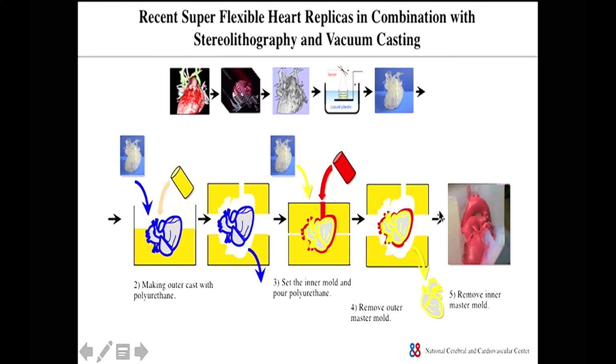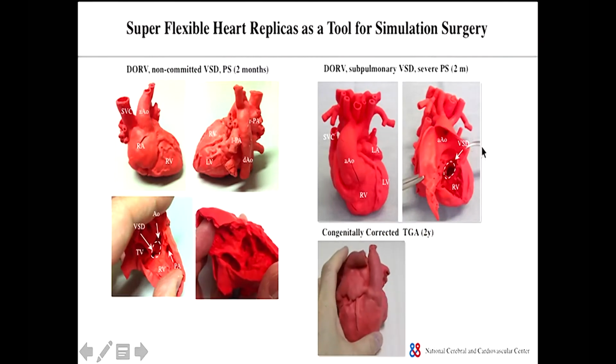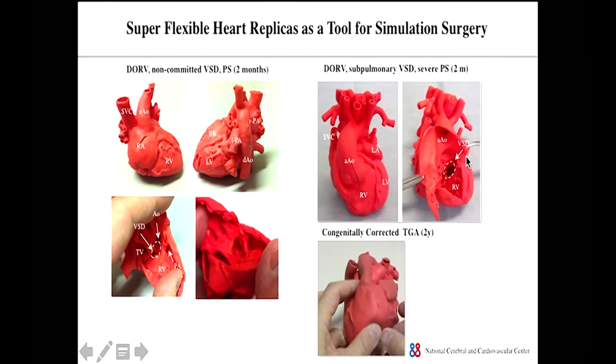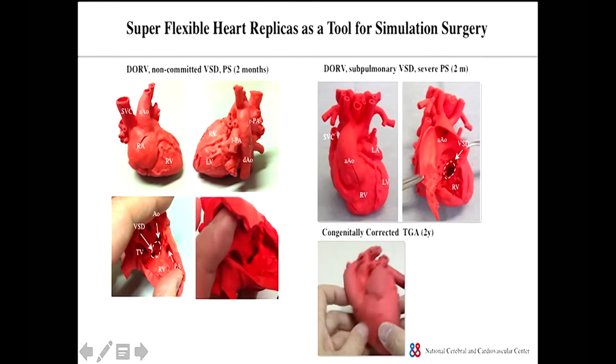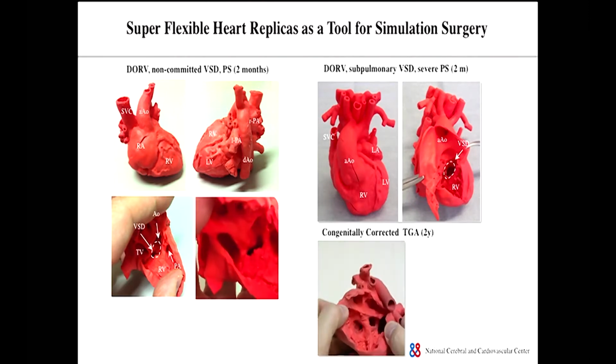Finally, this makes a very flexible polyurethane congenital disease model. So we are able to do simulation surgery by cutting and suturing, like this.